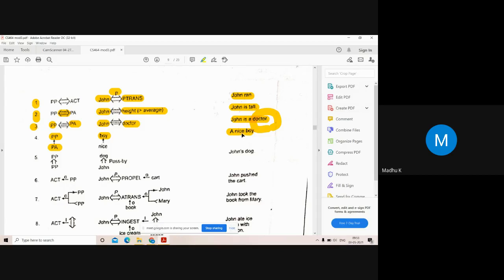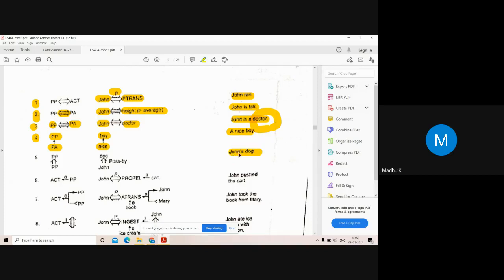It is basically a property of the boy. This is the fourth rule. If the sentence is like this, then I must use this rule.